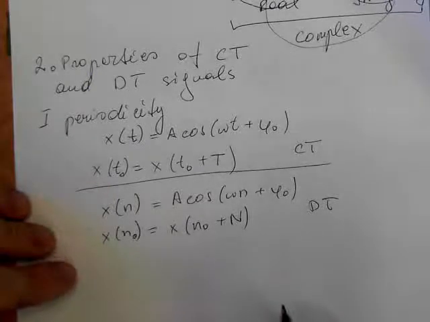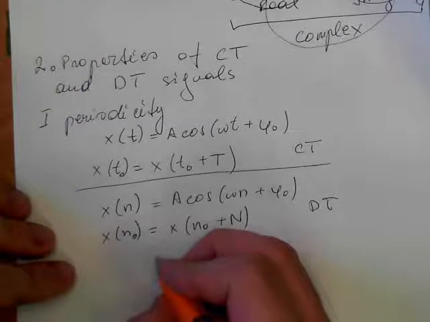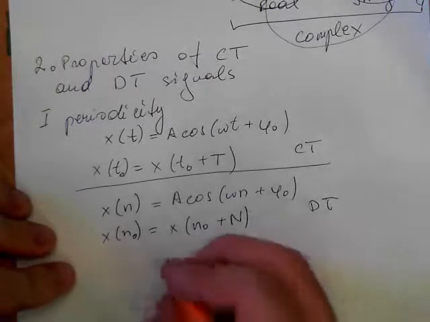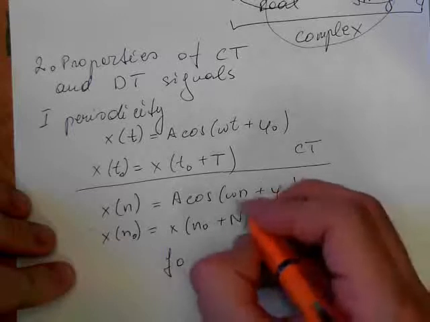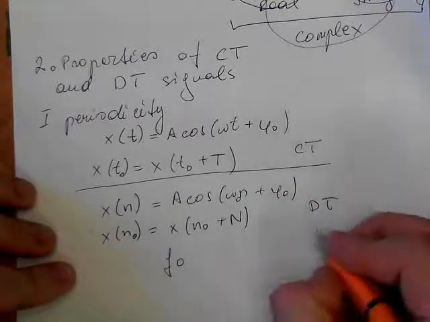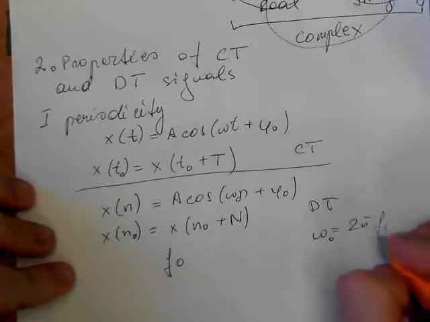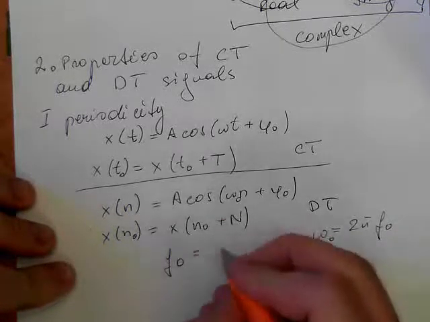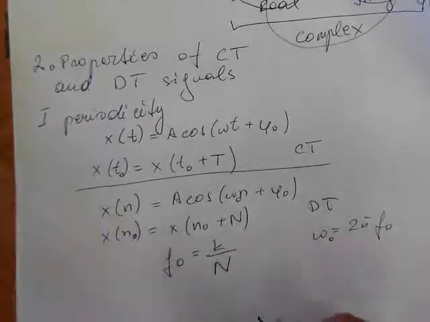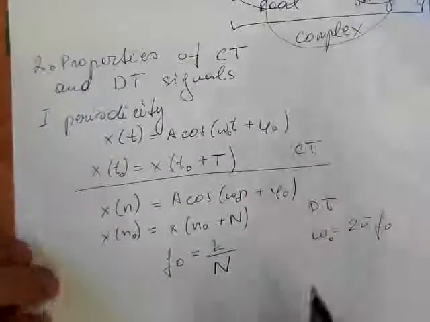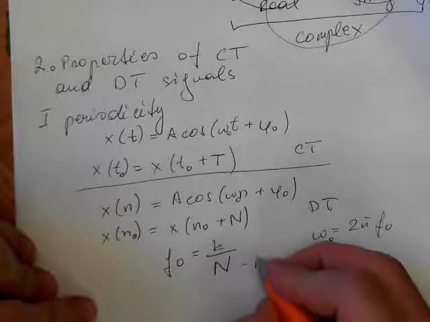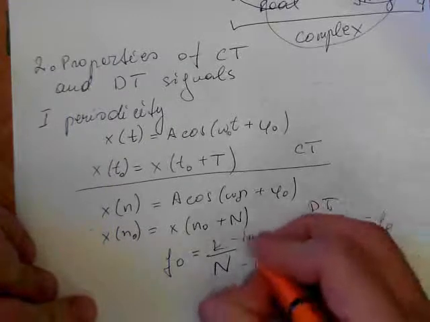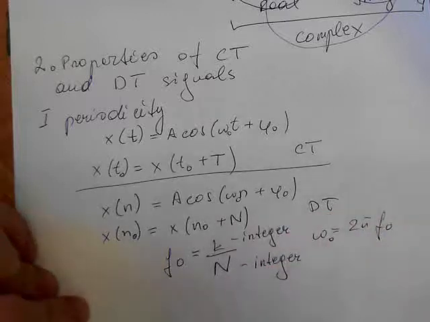However, this signal is periodic only when f0, which we can obtain by turning ω0 into 2πf0, is k divided by capital N. N should be an integer and k should be an integer.